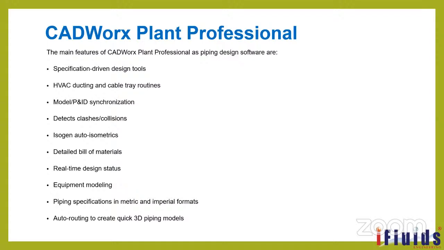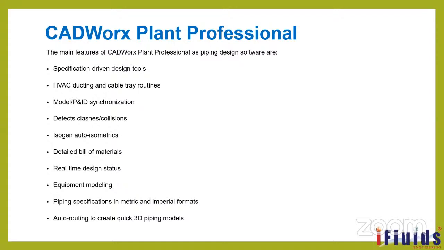It offers isometrics, detailed bill of material, real-time design status, equipment modeling, piping specifications, and auto routing to create 3D piping models. If you point from one equipment to another equipment, the piping layout automatically comes. If we have any modification, we can modify that routing according to the process requirement, or if any slope is there.